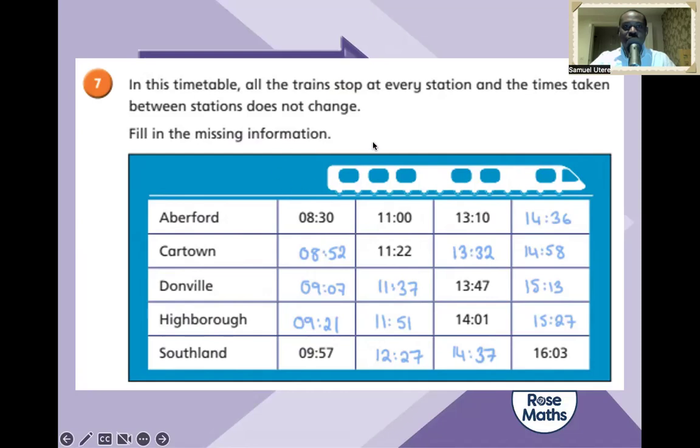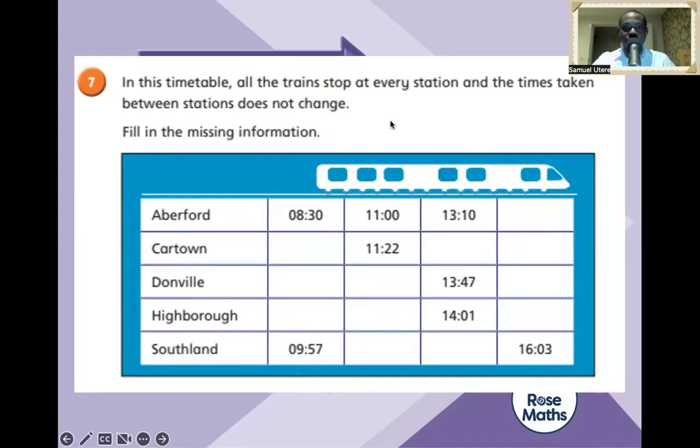Fill in the missing information, right? So here are the answers. So you just use this information to get the other ones.